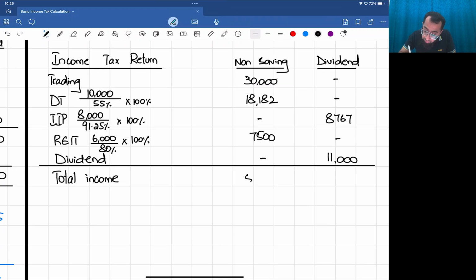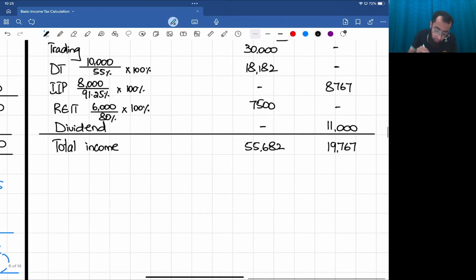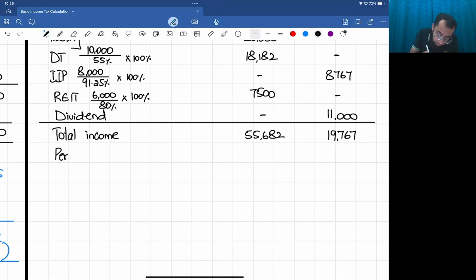So it's 55,682. It goes in non-saving, and in dividend it's 19,767. Okay, now you will adjust your personal allowance, 12570.